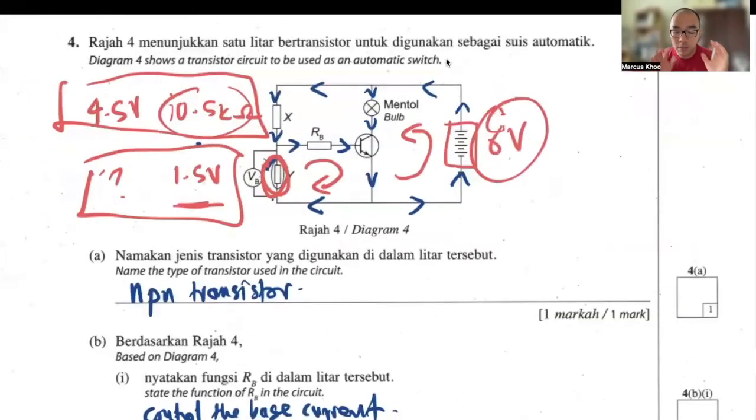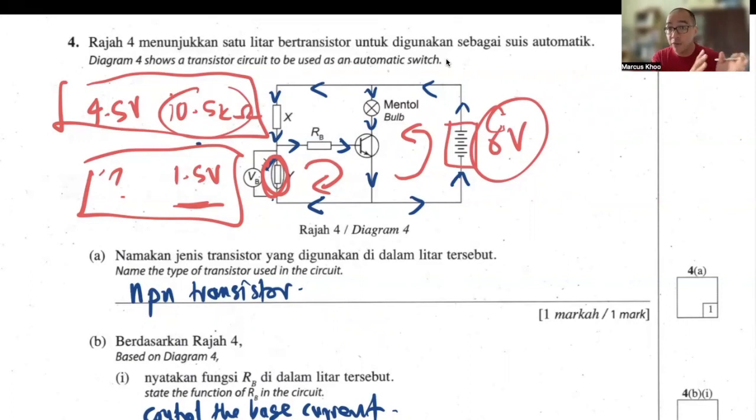So the most important thing is this. For your transistor to be switched on, if we work it backwards, it makes a lot more sense. We want the transistor to switch on because if the transistor is off, the bulb will be off. So how do you turn on the transistor? Base current must flow. How do you have base current flow?